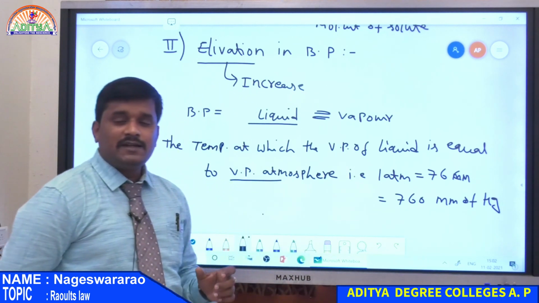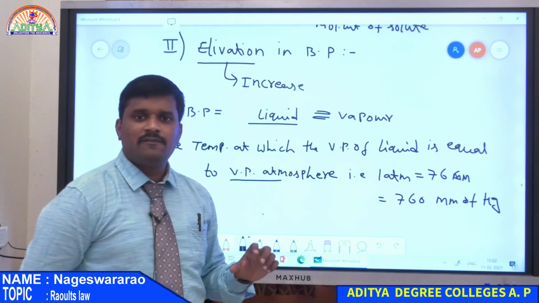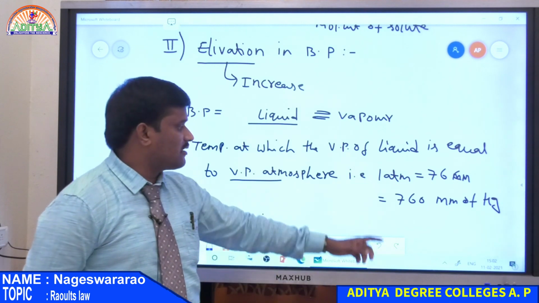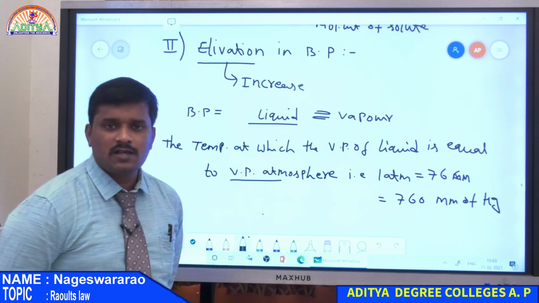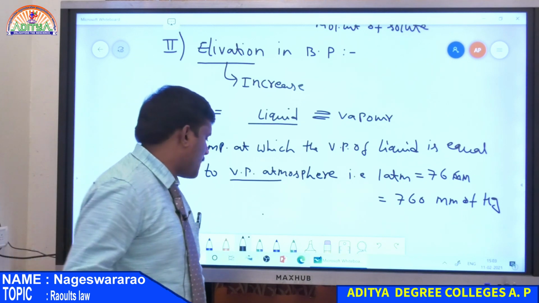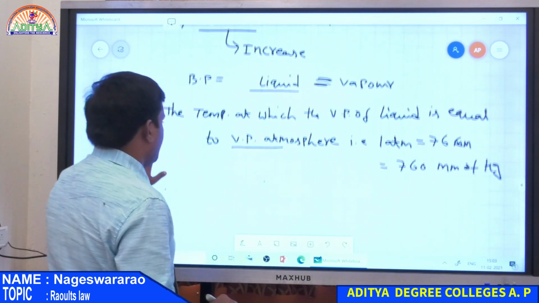Now the temperature at which the vapor pressure of the liquid is equal to 1 atmosphere is known as the boiling point. Now consider a pure solvent.